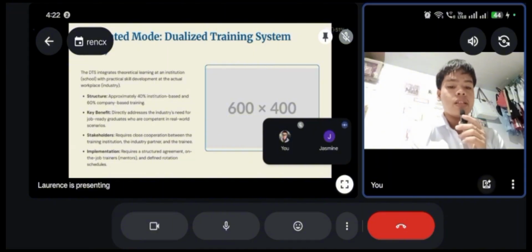Key benefit: it directly addresses the industry's need for job-ready graduates who are competent in real-world scenarios. Stakeholders: it requires close cooperation between the training institution, the industry partner, and the trainee. Implementation requires a structured agreement on the on-the-job trainers or mentors and defined rotation schedules.